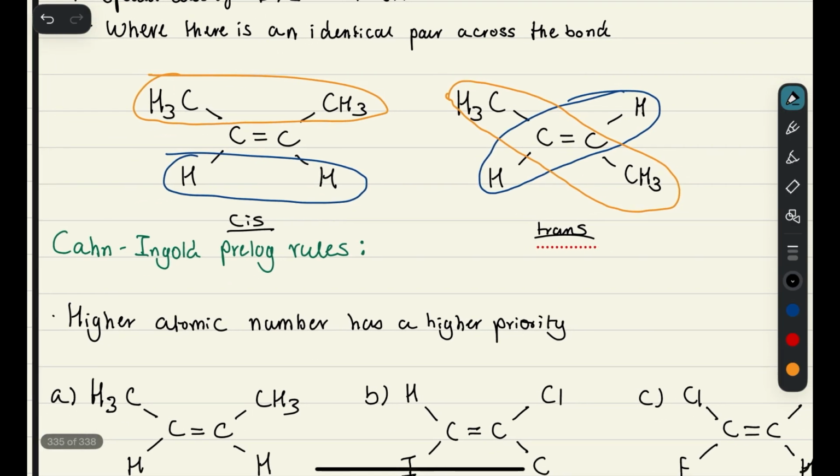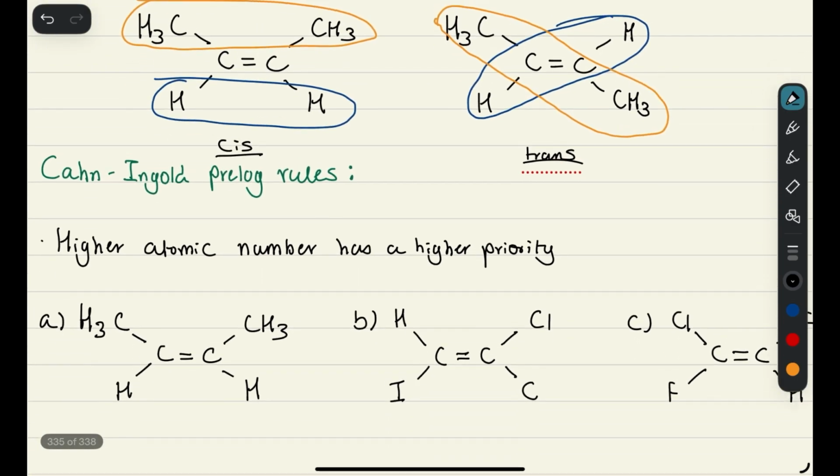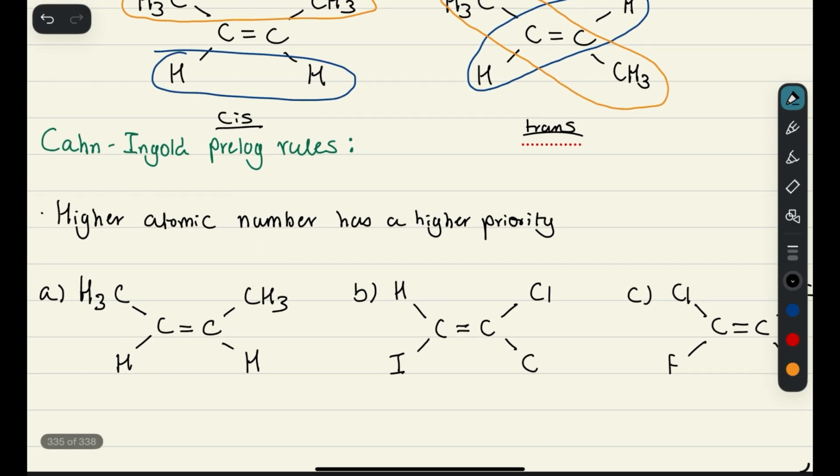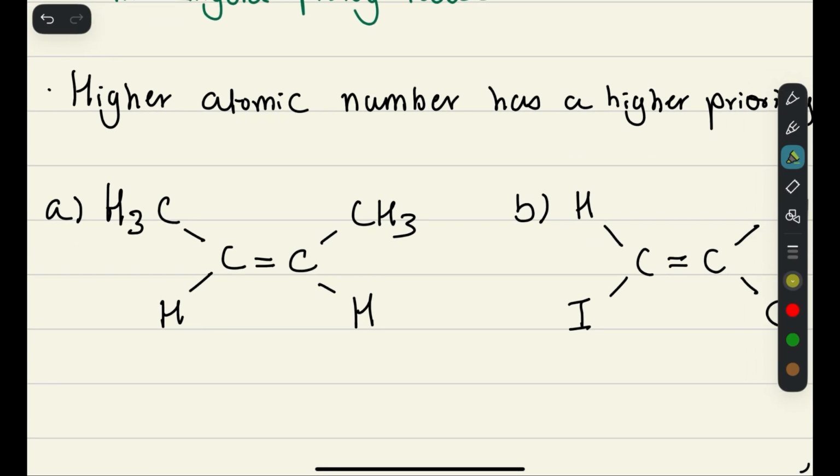So cis and trans. Now, you have your Cahn-Ingold-Prelog rules, which is essentially what determines the priority. For your A levels, I think some people go really complicated with this and they confuse themselves. Just remember, a higher atomic number has higher priority, and you have to work down the chain until you get a difference. So here, you have to look at the carbon in a double bond, and see what is immediately attached to it.